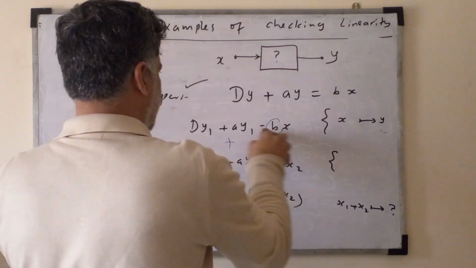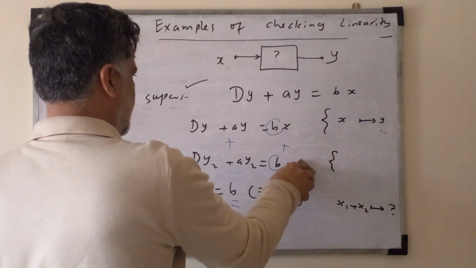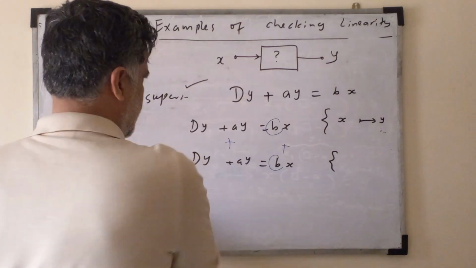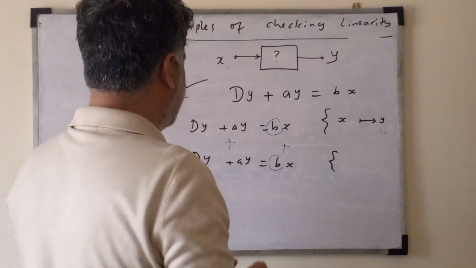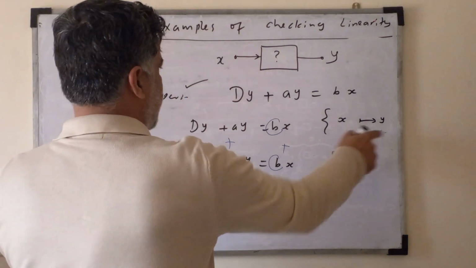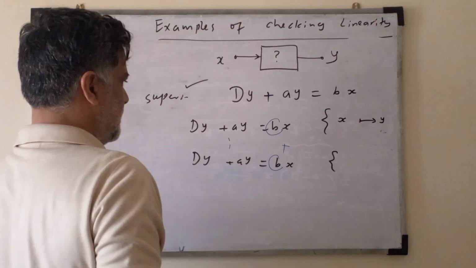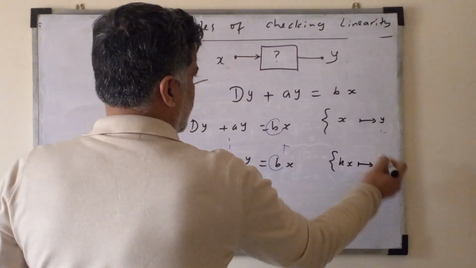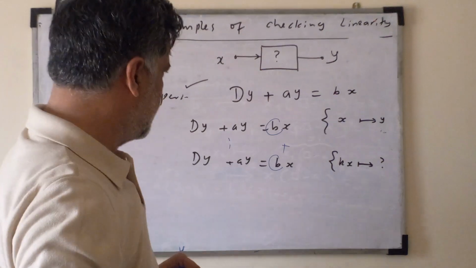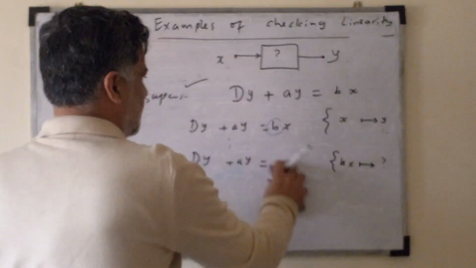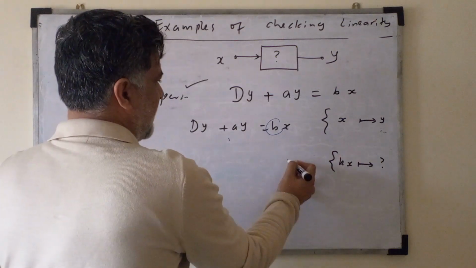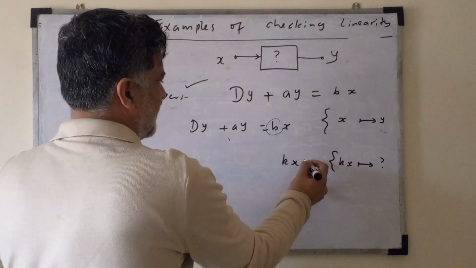Now let's try homogeneity. Homogeneity will require that, let's say x maps to y, so it means this equation, and I want to know what happens if x is replaced with k times x.